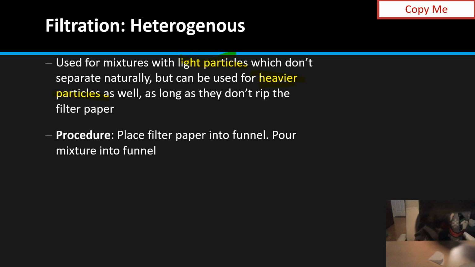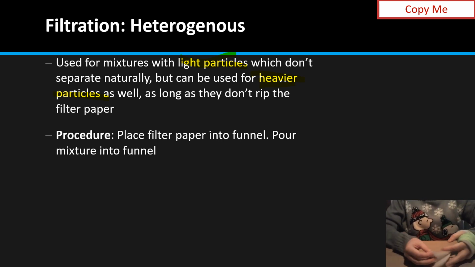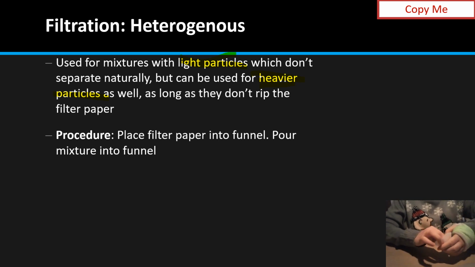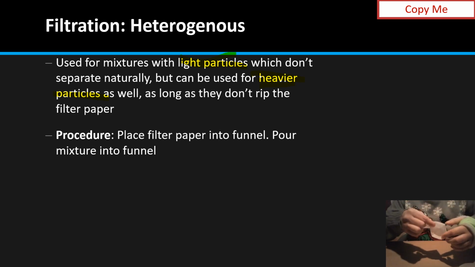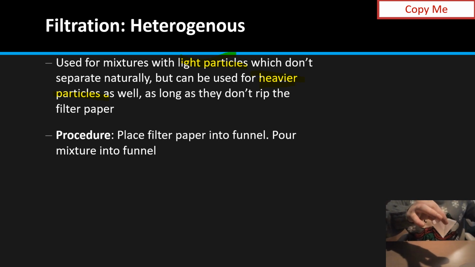Now you're going to pick up three of the pieces. On the side and front view, it's going to look like a funnel, and then I will put this inside my funnel. So put this in my funnel, and then I have my filter paper like this.